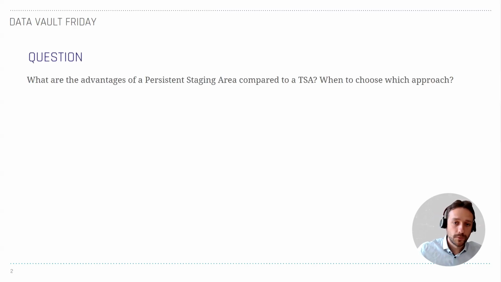So traditional data warehouses apply transformations like data type conversions, aggregations, joins, and so on already in the stage. So that's the ETL approach. But with Data Vault 2.0, we follow the ELT approach, and we never apply any transformation before loading the data into the raw data vault.